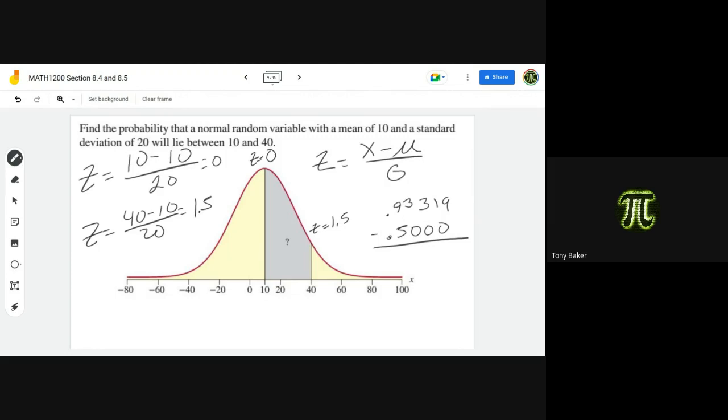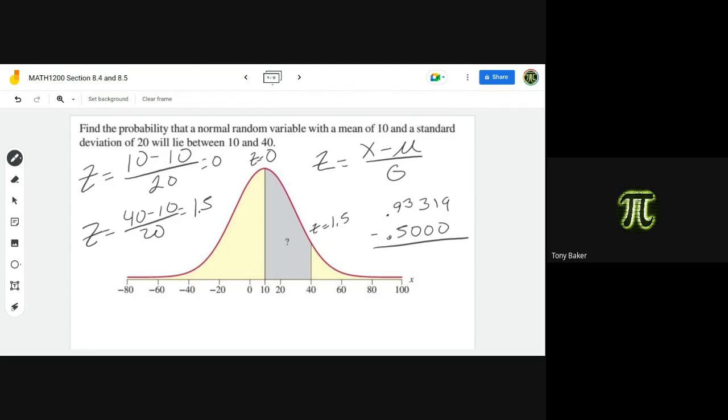Yeah, 1.50 is 0.933. Go down to the fourth. So you're looking at 1.5 for Z, and then 0, to give you 0.93319. Oh, got it. Okay, no problem.